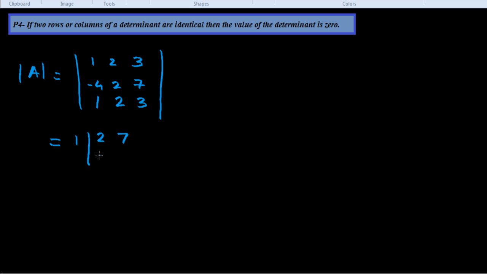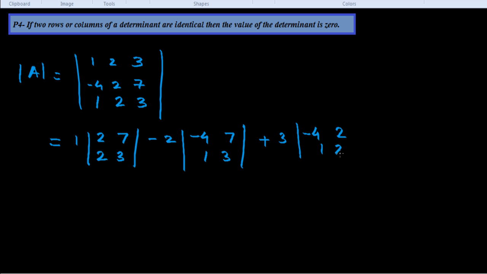So 1 times 2, 7, 2, 3, the element of the first row, excluding the first row and first column. For the second, we put the negative sign for 2: it is 2 times minus 4, 7, 1, 3. Now 3 is positive, times minus 4, 2, 1, 2. Let's see what happens.